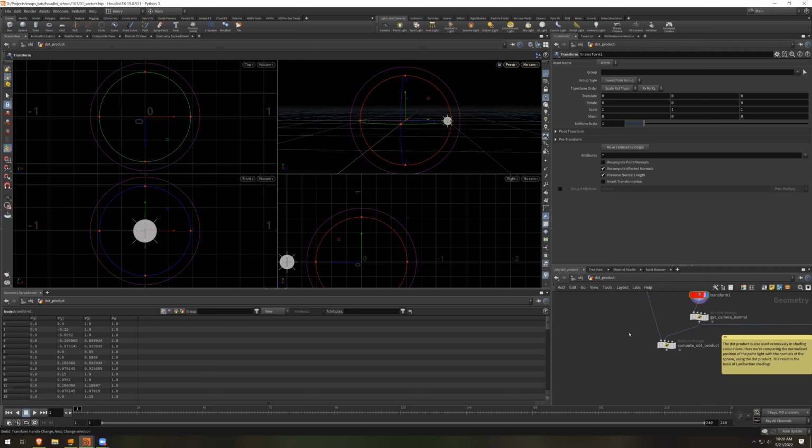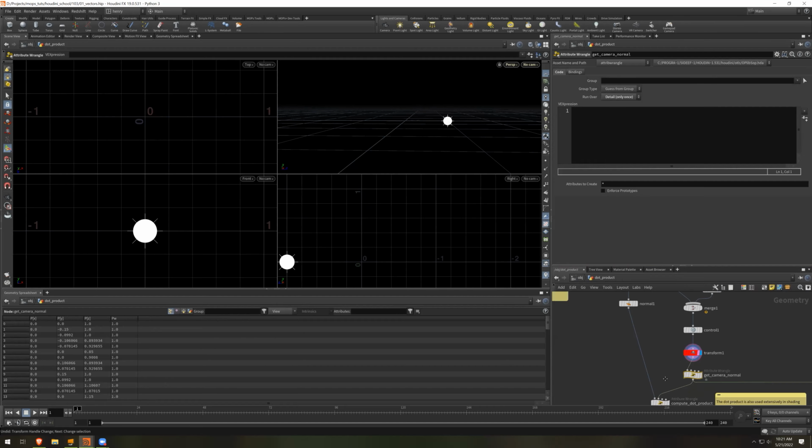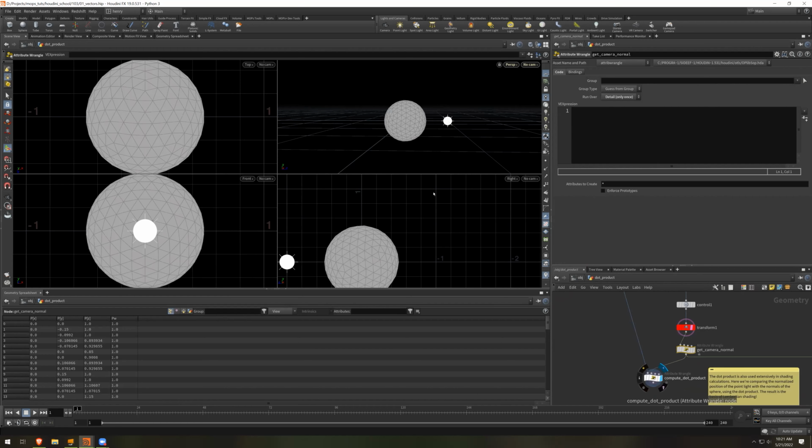The first thing I need to do for the calculation, and just to give you an idea of what's going to happen at the end, I have this sphere and I'm going to illuminate it using the dot product. So first I want to get the light angle as a vector. Where is this in relation to the origin? The direction of the light is what matters in this shading calculation, more so than the position, which would matter for falloff.